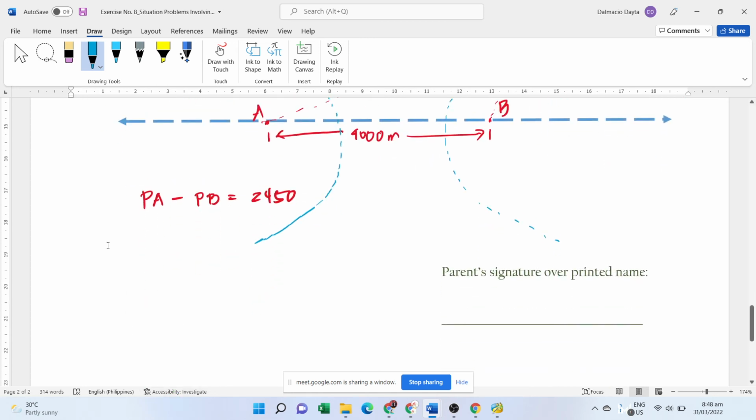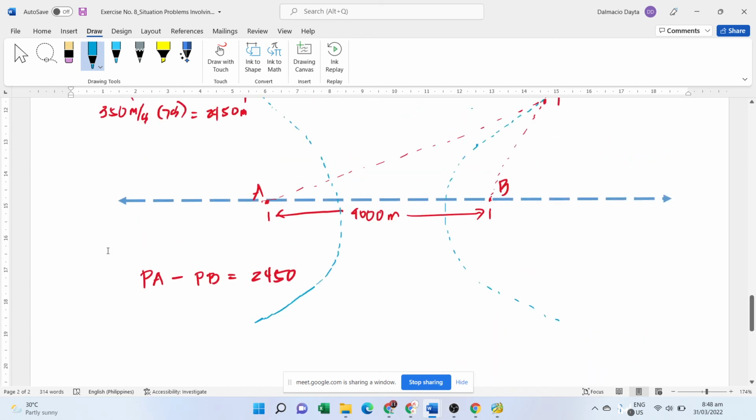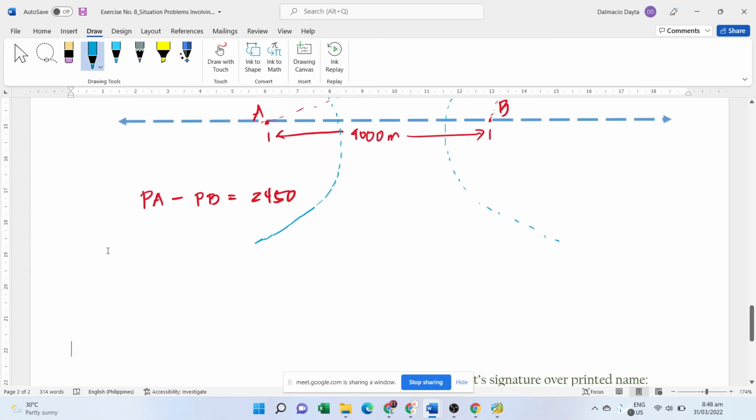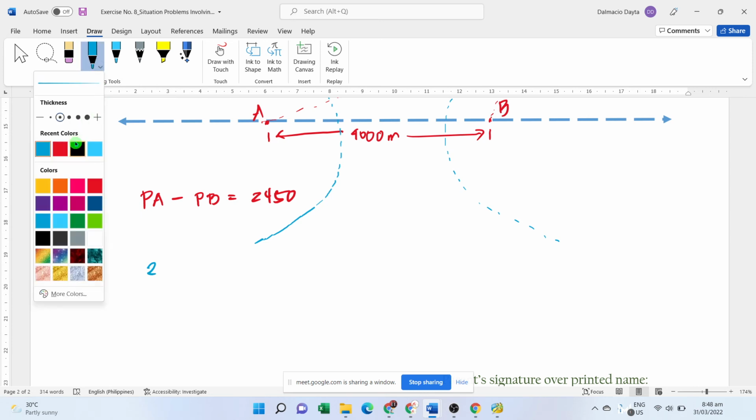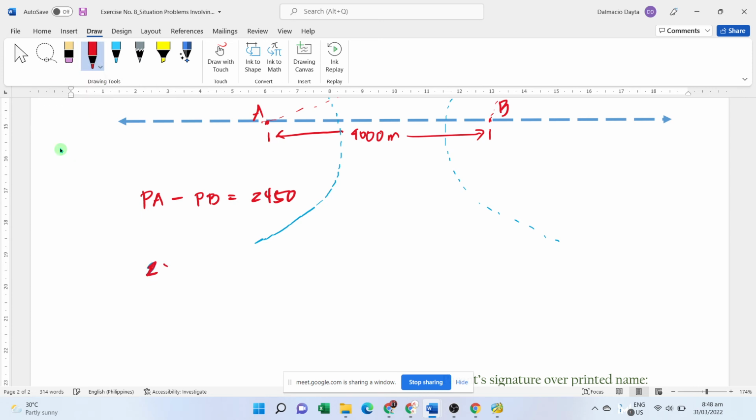Okay? Now, when we write the equation, if A and B are foci, then that will be the distance 2C from the video lesson. 2C must be equal to 4,000, and then C is equal to 4,000 divided by 2, which is 2,000.